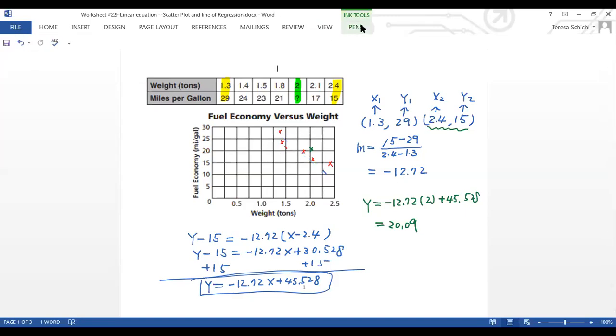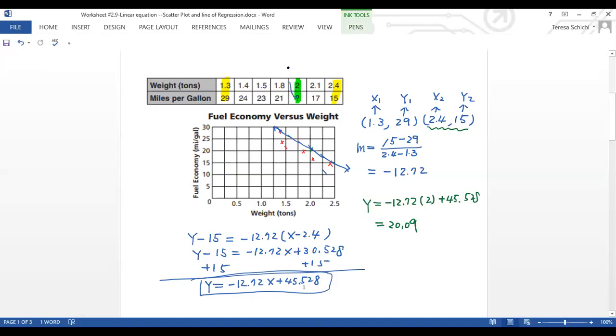So maybe my line should fit like this, right? That's why if I use the first point and last point, that's what I get, 20.09. That will be my estimate, the value for here.